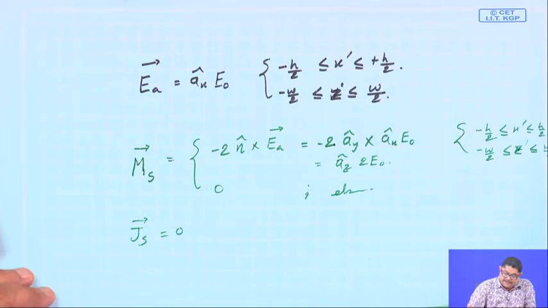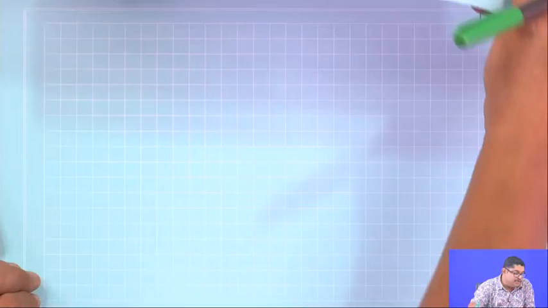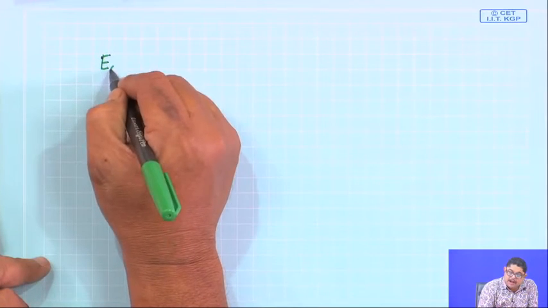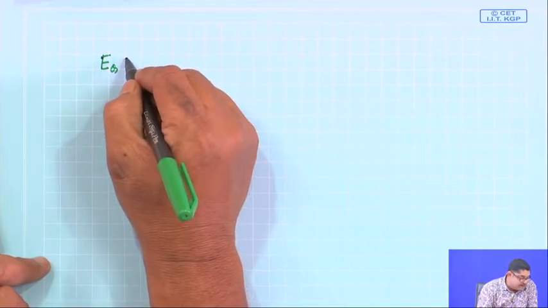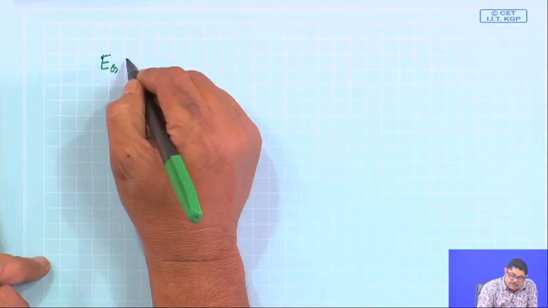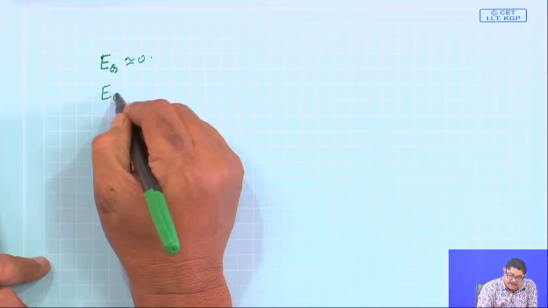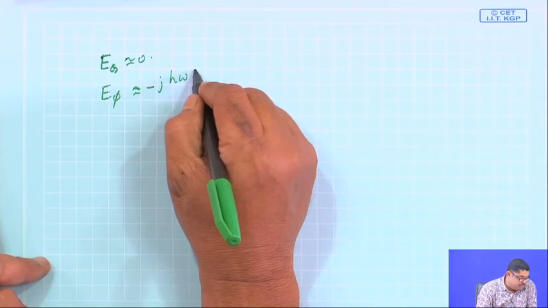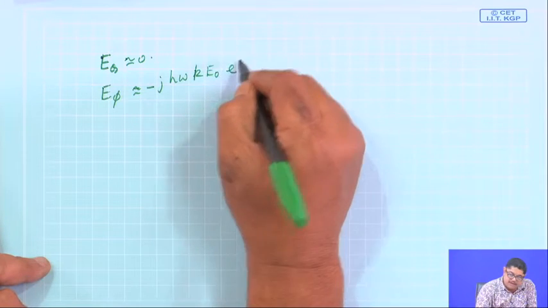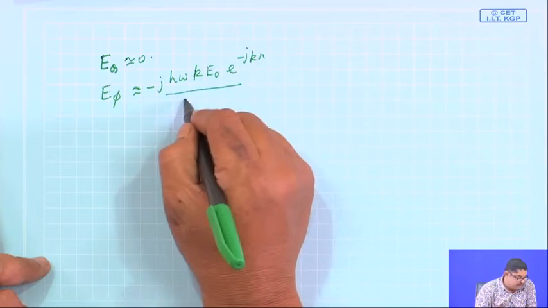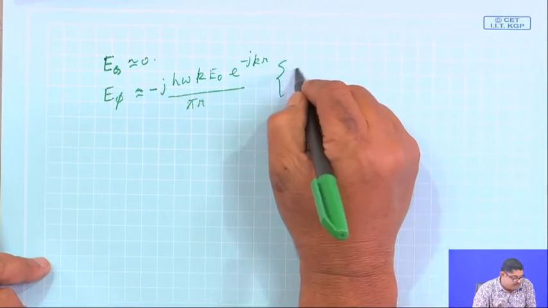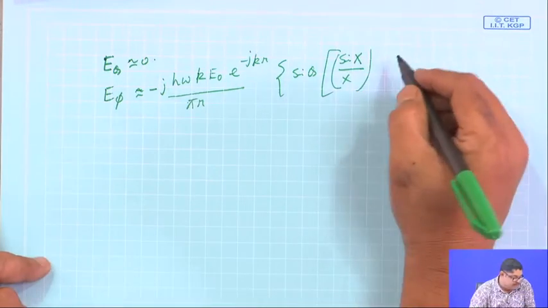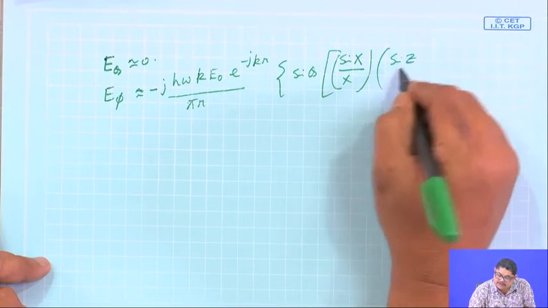Now you can apply the same procedure. The field can be written as: ER and E theta will be almost 0, and E phi will exist, which will be minus j h w k E naught e to the power minus j k r by pi r, then sin theta, sin x by x, sin z by z.